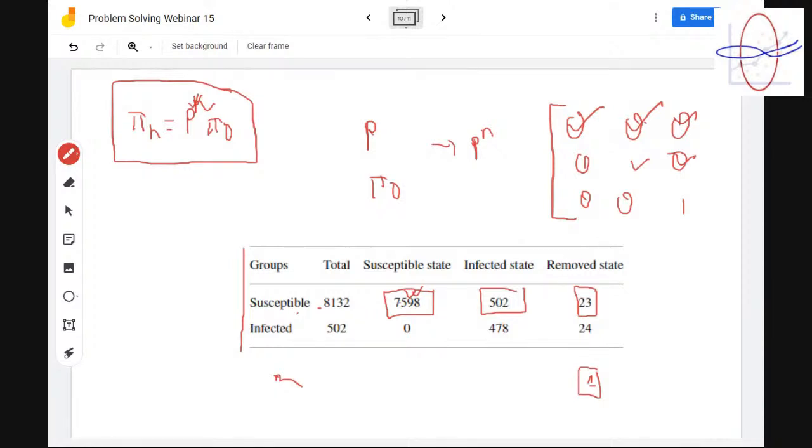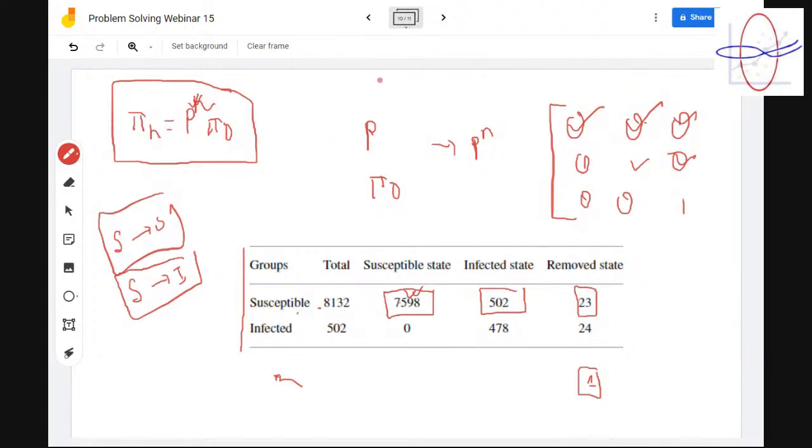Or maybe they have done it for many years. So they understand how many went from susceptible to susceptible, and susceptible to infected. They did it for some time and they collected all of that data. Okay, this is the idea.